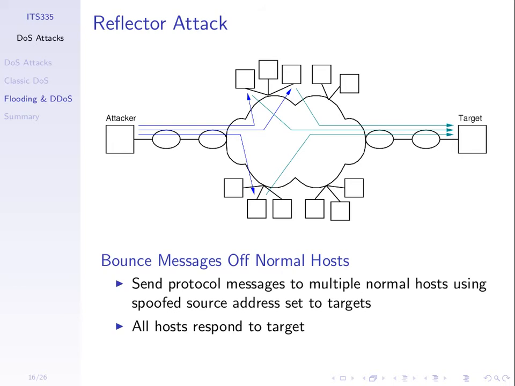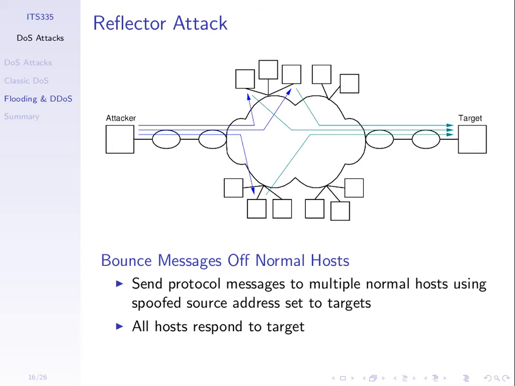And the attacker sends similar pings with this fake source address set to the target to many computers on the internet, and they all reply with a ping reply to the target. So we are reflecting the pings off these normal hosts in the internet. And this is a typical form of a denial of service attack.